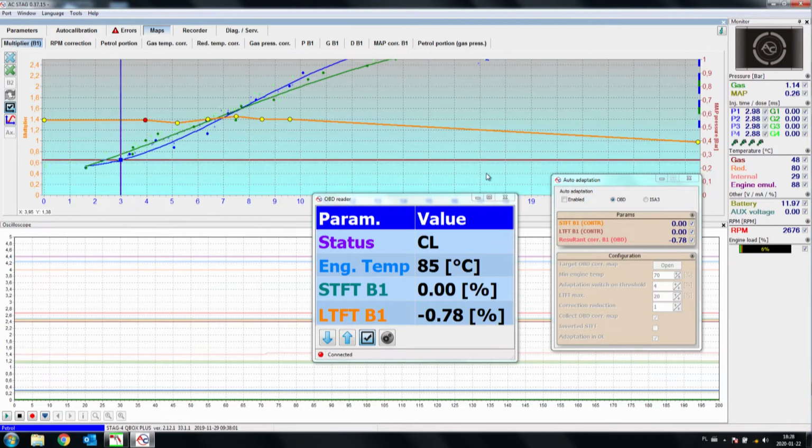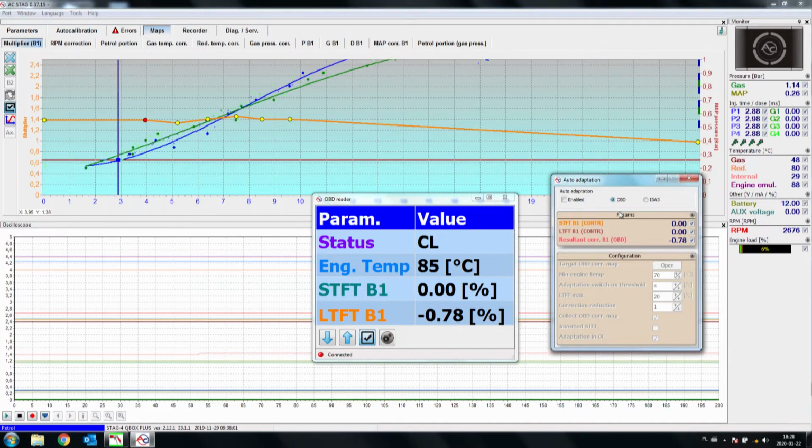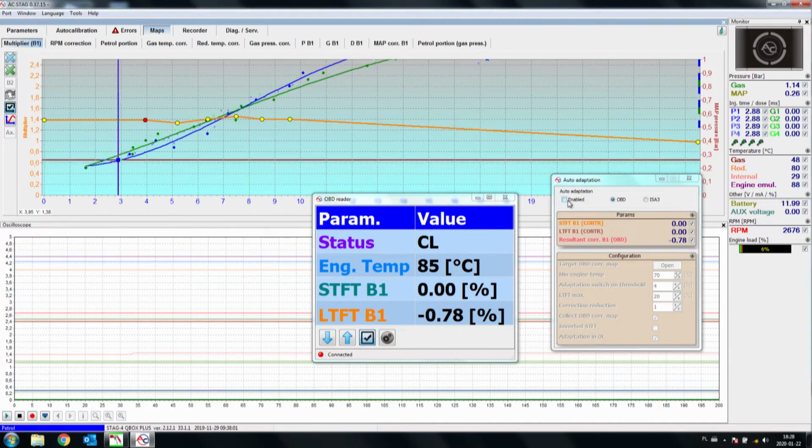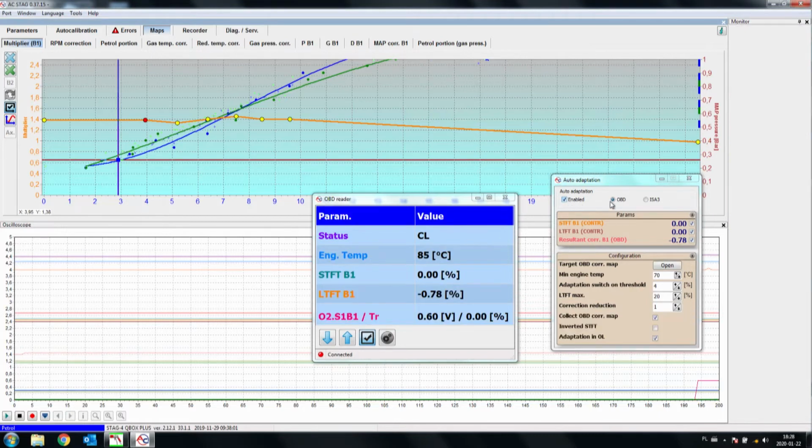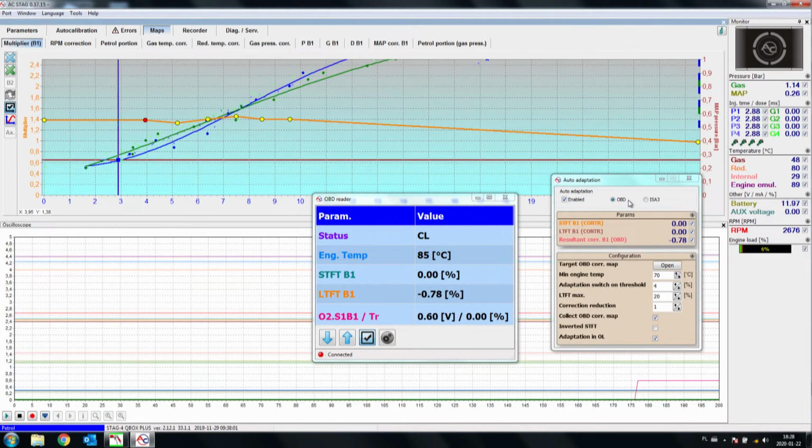So the first auto adaptation is OBD auto adaptation. You need to check enabled, right? And the system right now is starting to adjust according to the OBD that is connected to the onboard diagnostic system of the car. And what is happening right now?